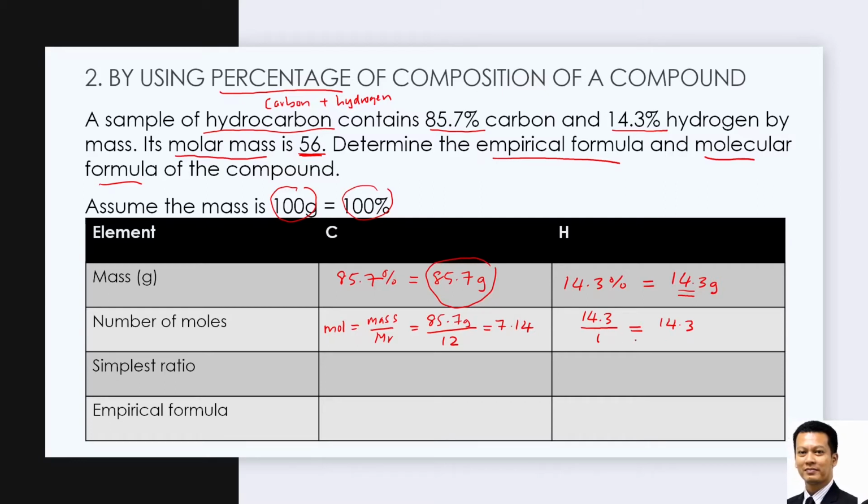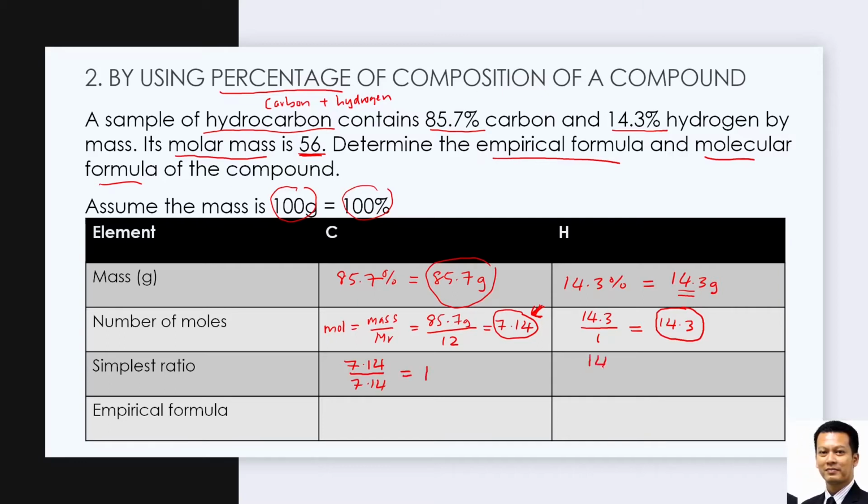So simplest ratio. Look again at these numbers. Which one is smaller? So this one, right? This is the smaller number. So for the smaller number, you calculate 7.14 divided by itself, because this is the smaller number that you choose, equals 1.